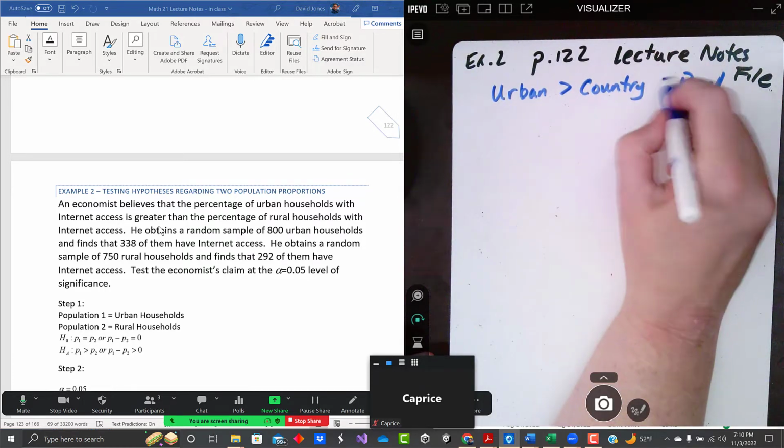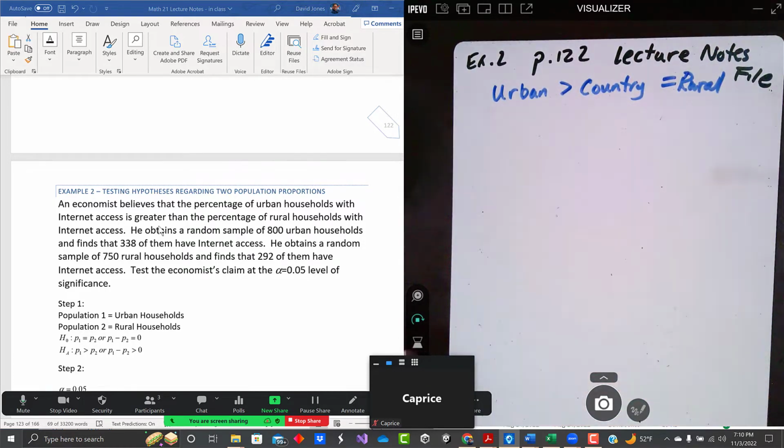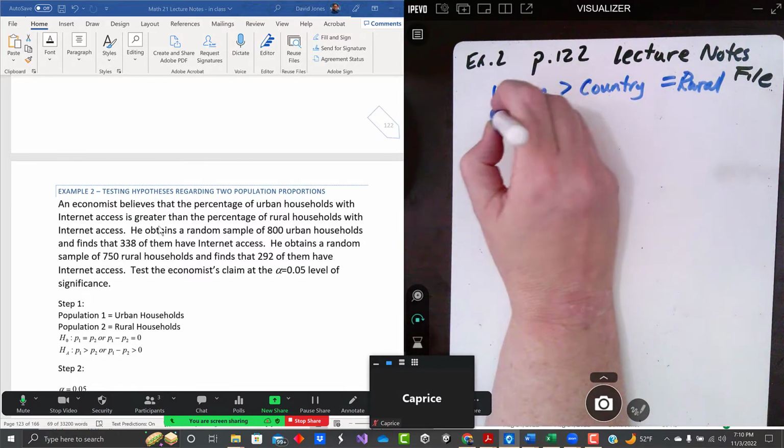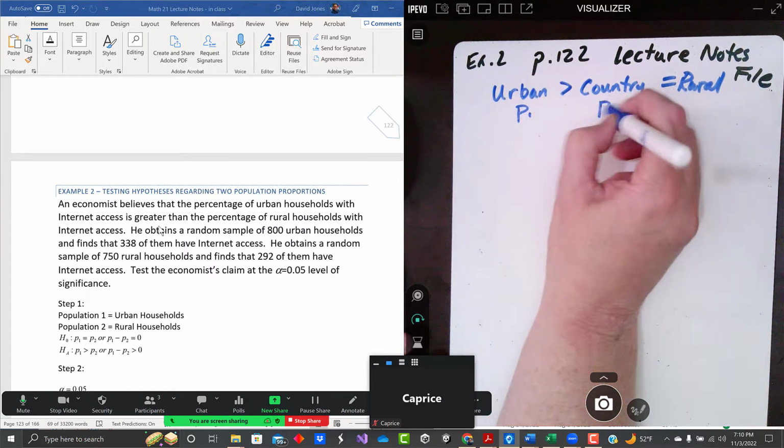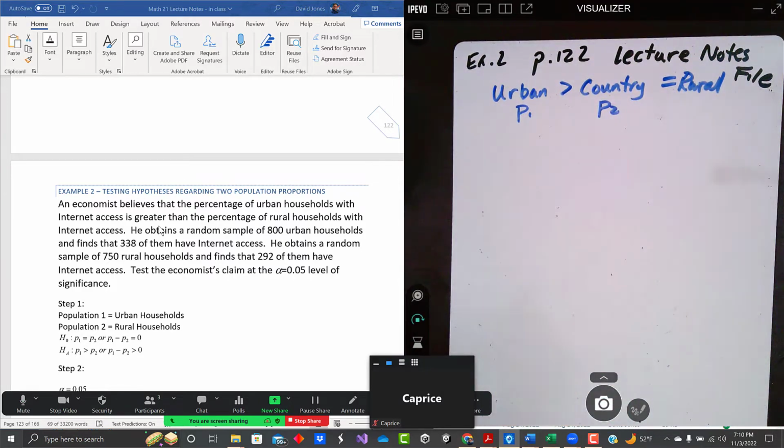Country and rural kind of mean the same thing, and country's easy to say. So for now, I'll label urban P1 and country P2.